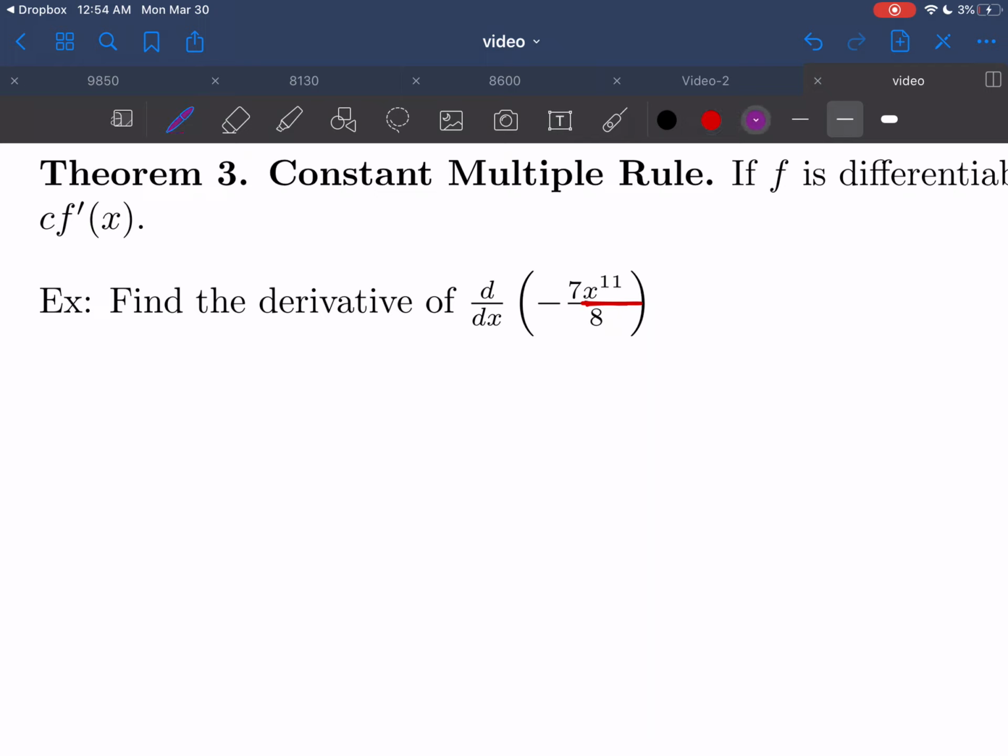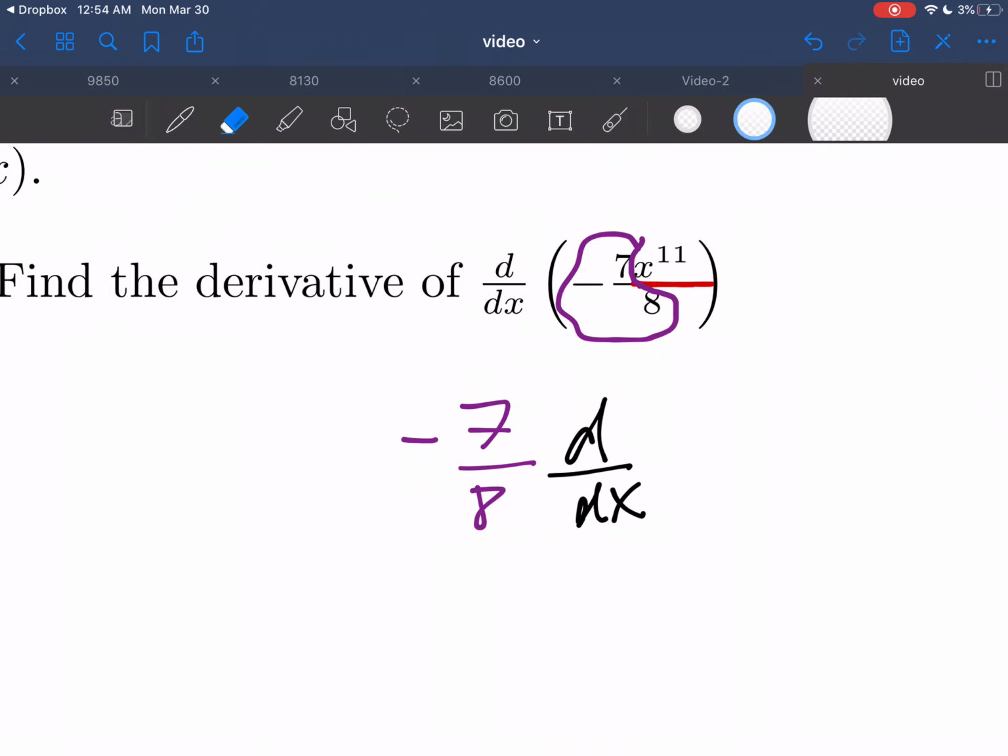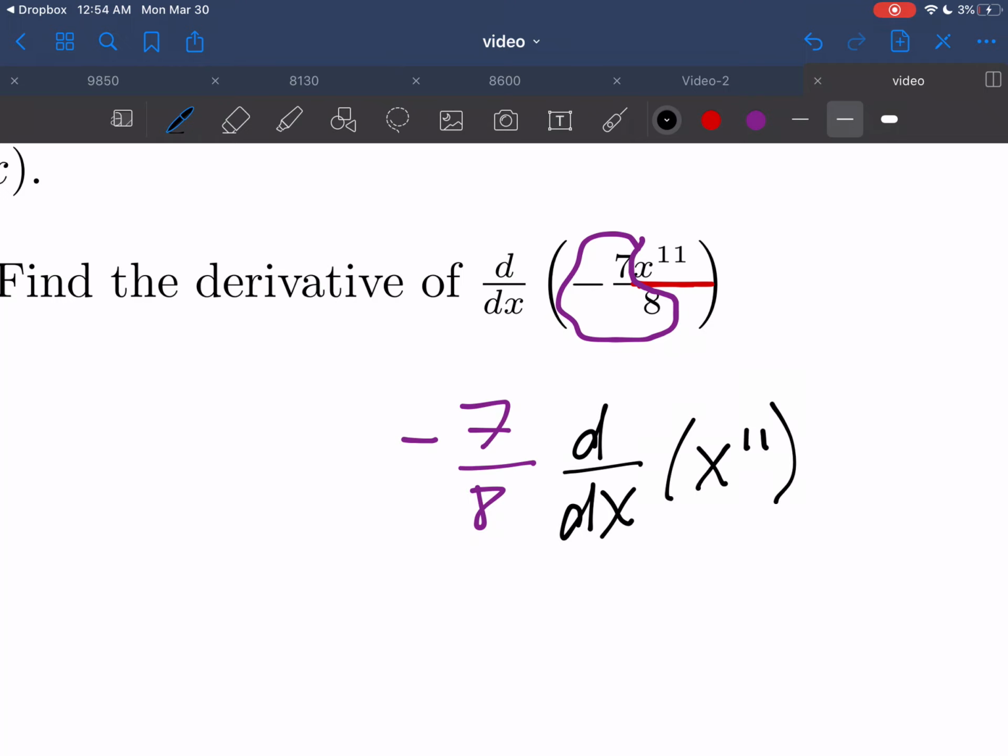Our constant is this negative 7/8. So what we can do is use the constant multiple rule and pull out the negative 7/8, and so do negative 7/8 times the derivative with respect to x of x to the 11th.